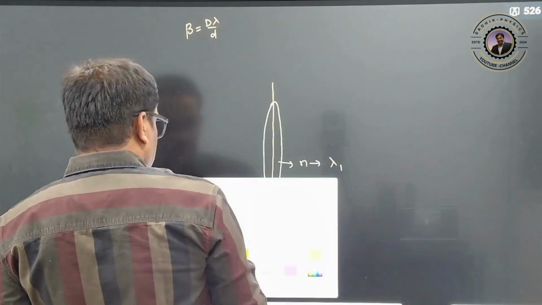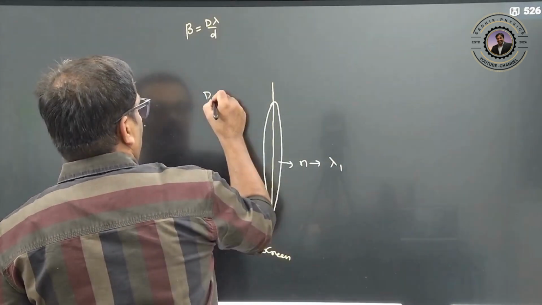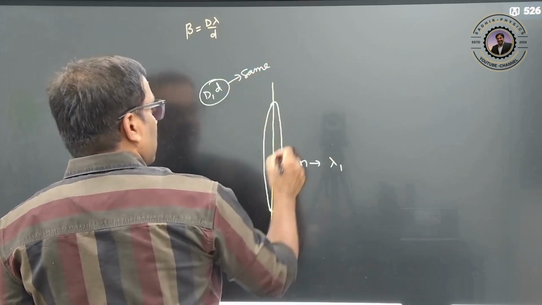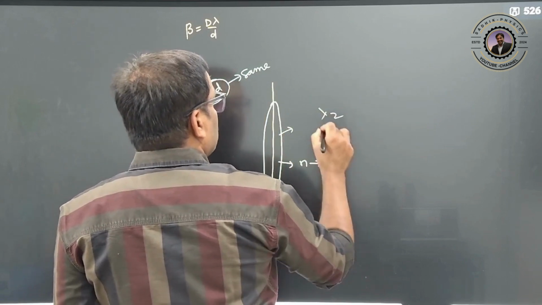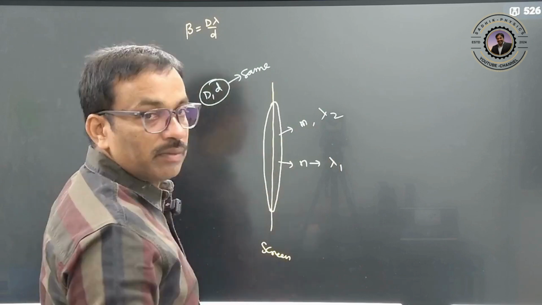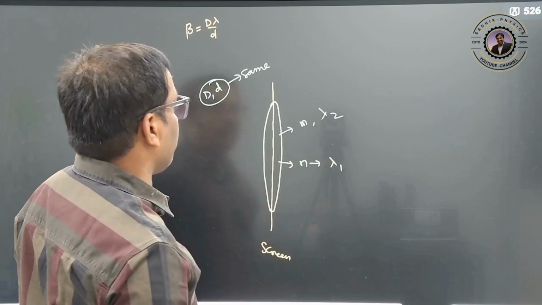Now I am not changing any d and d, so d and d are same. We are doing the experiment with lambda 2, so in the same area m number of fringes are formed now.